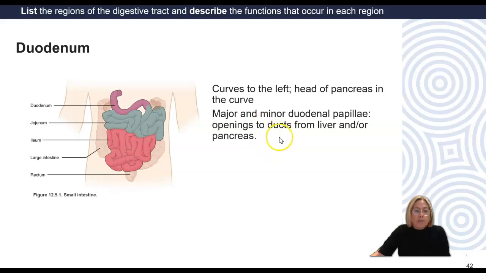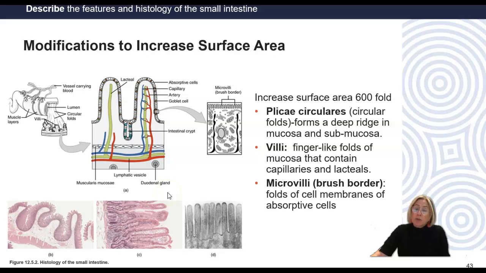It contains these major and minor duodenal papillae, which are openings to ducts from the liver and or the pancreas, and we'll get to those in the next recordings, because these are really important accessory organs and glands of the small intestine. Now, because the duodenum is a site of lots of absorption and digestion, there are specific modifications to increase surface area in the mucosa and the submucosal layers.